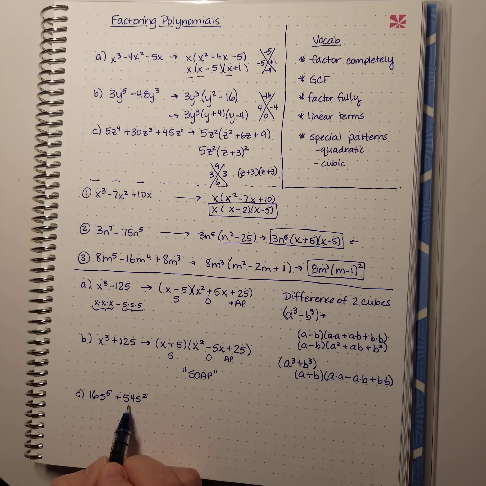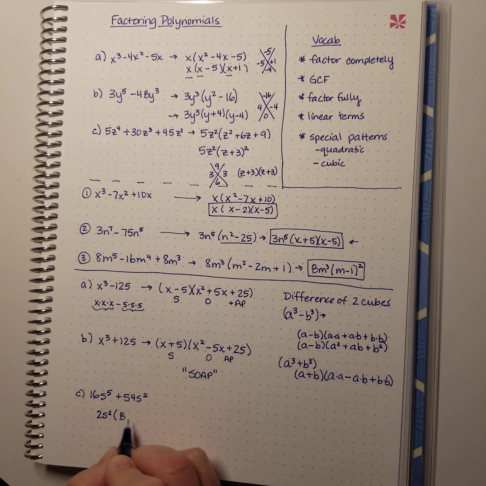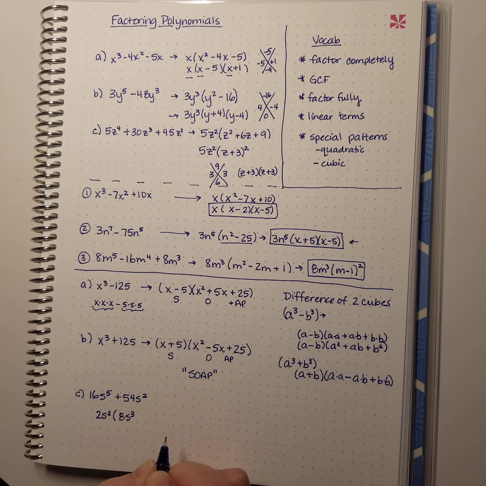Does 4 go into both of these? No, but 6 goes into both of these. Is there a higher number that goes into both? No. So let's just pull out a 2 s squared. And that's going to yield 8 s cubed. And then 2 out of 54, that's going to be plus 27.